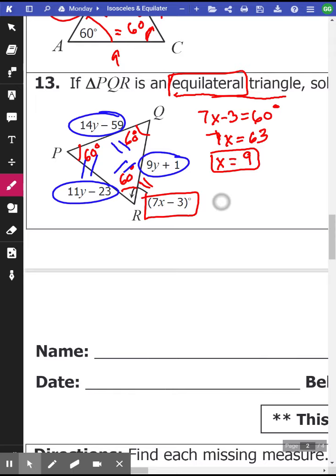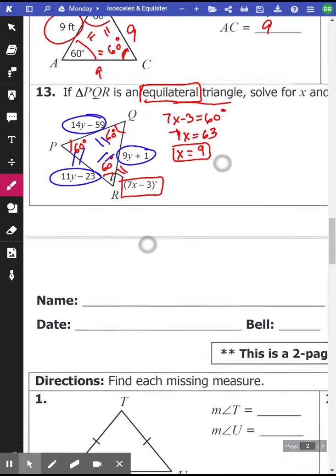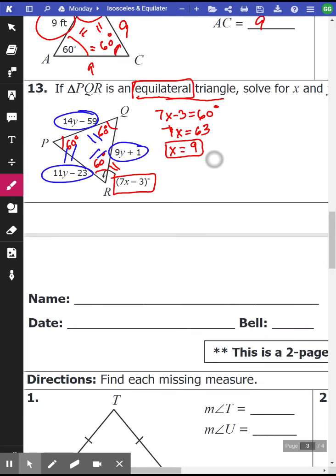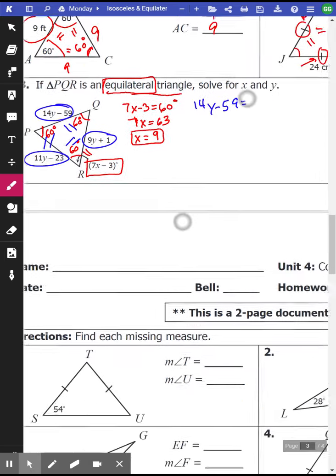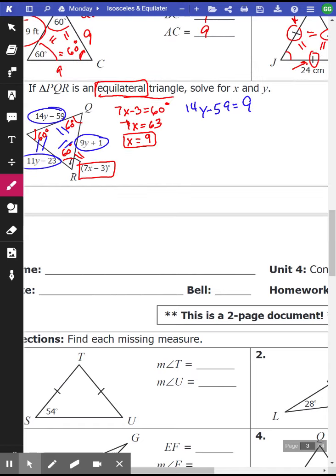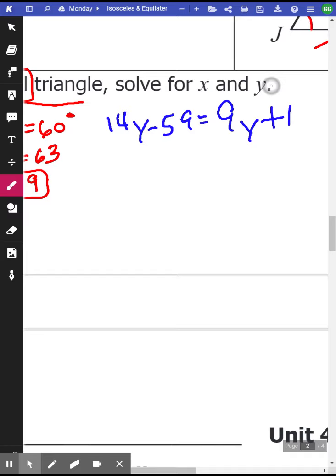Let's go with 14y minus 59 equals 9y plus 1. Whichever two, it doesn't matter. All right, so I'm going to move the 59.